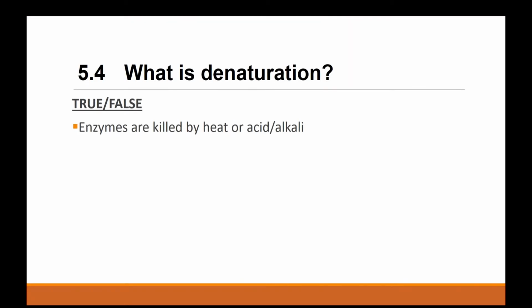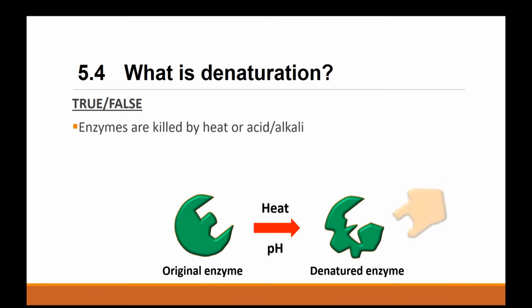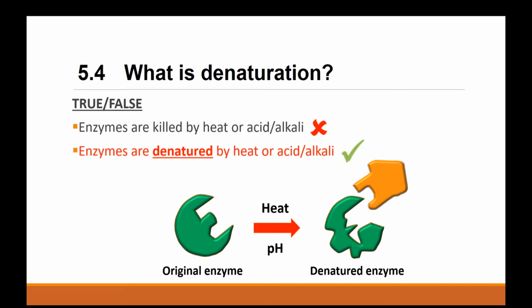Now, there's always this statement that students say: enzymes are killed by heat or acid and alkaline. Do you think this statement is true or false? Because I told you, heat and acid or alkaline can do something to the enzymes. But the important thing to take note of is that although the original enzyme works like this, and in the presence of heat and pH the enzyme can no longer function, this is not a right statement.